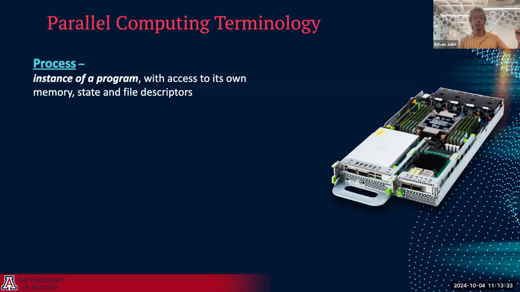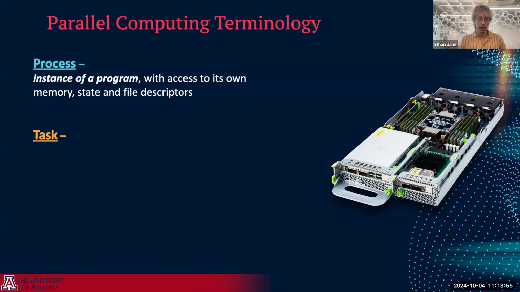A process state, as well as a certain regime of memory addresses that it has access to. And typically speaking, processes are independent. So if one process goes down, it shouldn't affect another process by default, unless it's specifically designed to do so for some reason.